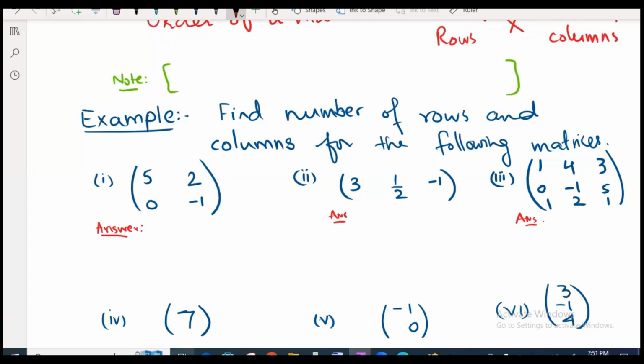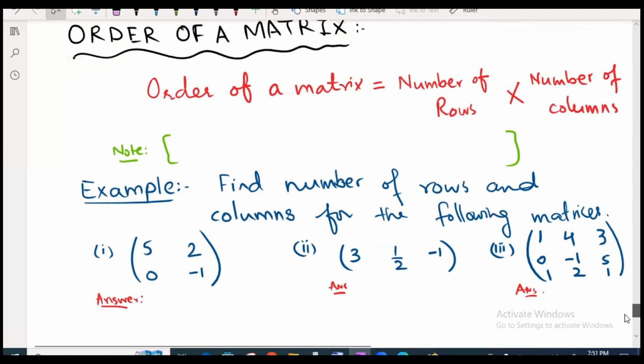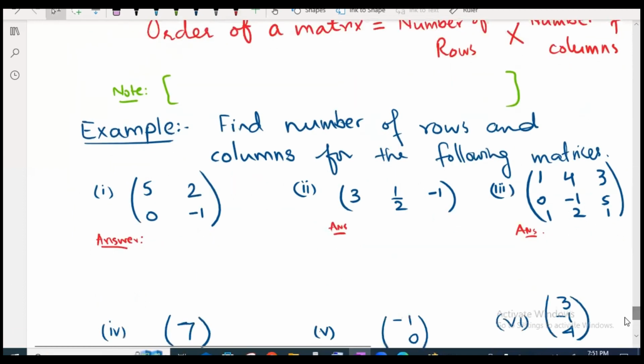If I ask what is the formula of the order of a matrix? Number of rows times number of columns, or you can simply say rows into columns. So what is the order of this matrix? Let's write it.